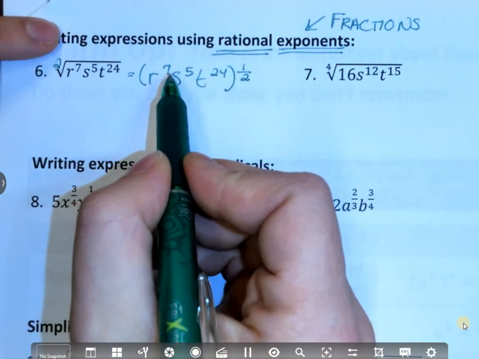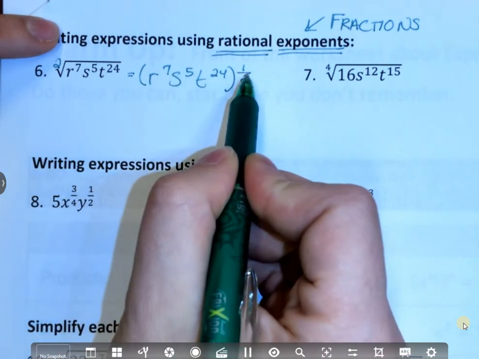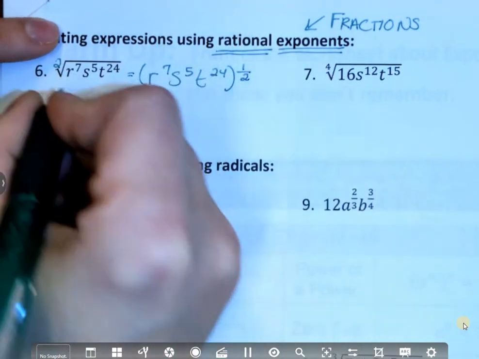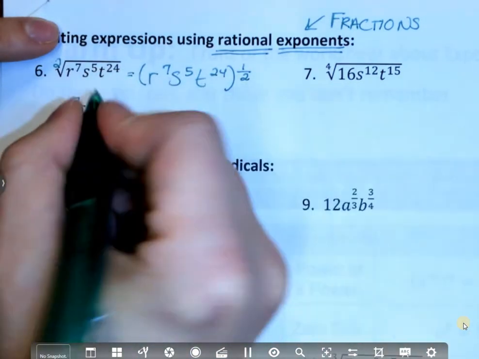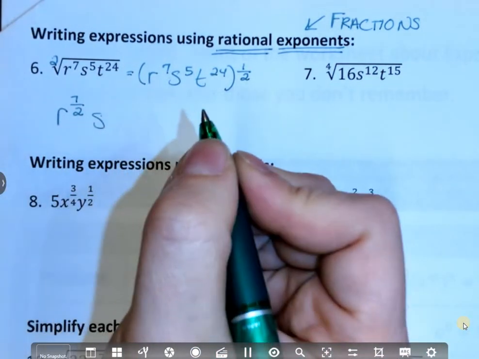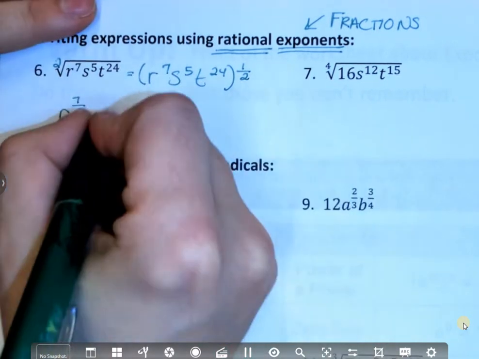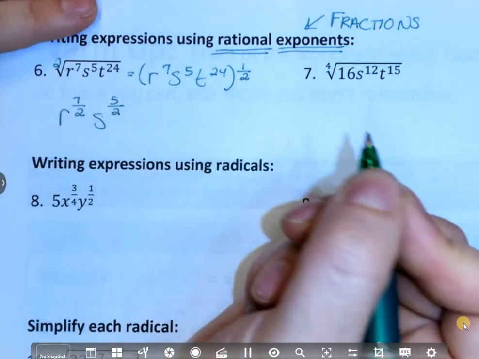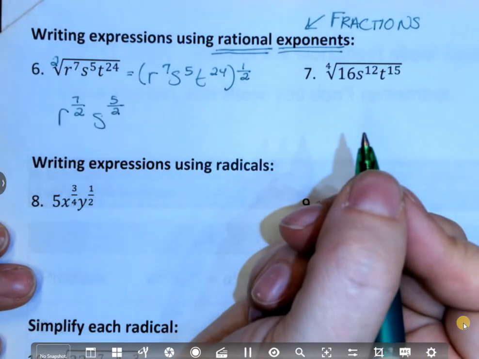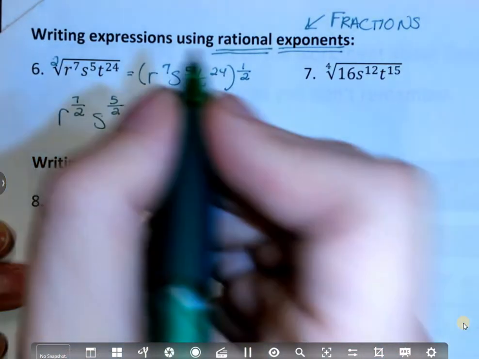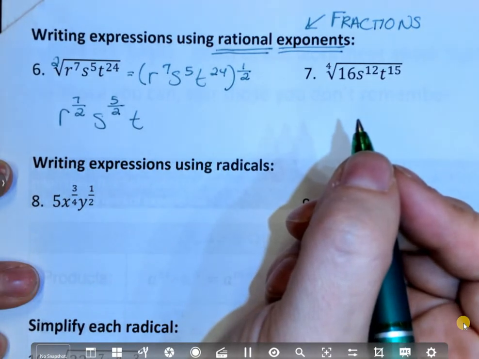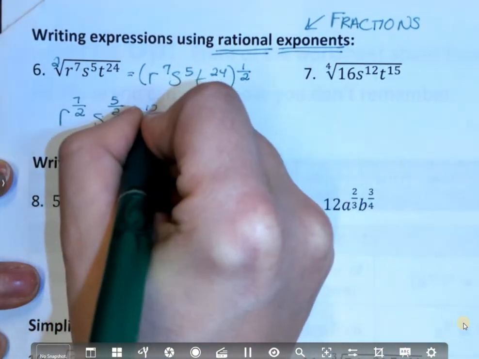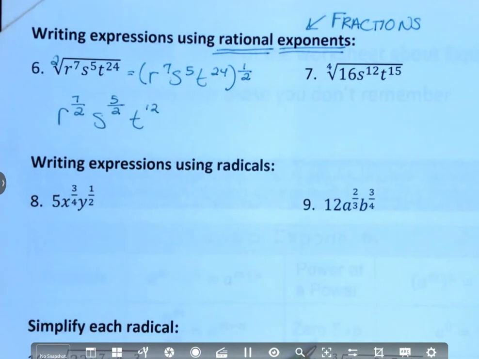So then I just would work through. 7 times 1/2 is just 7/2. What will S be to? 5/2. As weird and funky as it sounds, that's a fraction exponent. That's a rational exponent. What will T be to? 12.